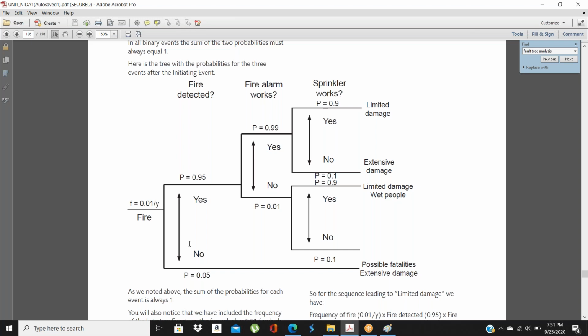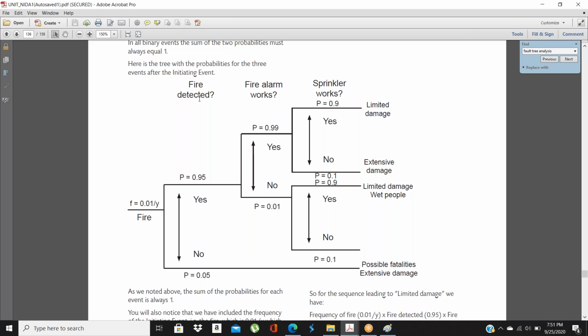Let's suppose you install a fire detector, and they specify the probability, the reliability of the system. That reliability gives you the chances of success, and there is also the probability of failure.